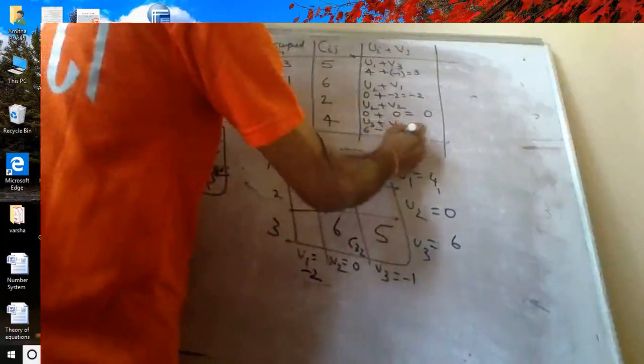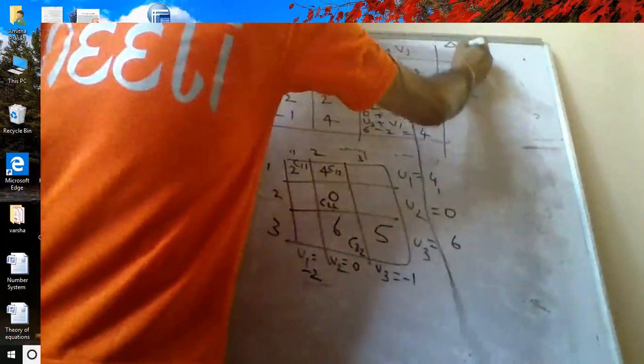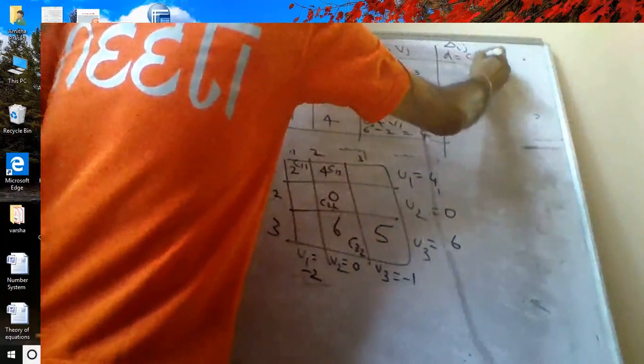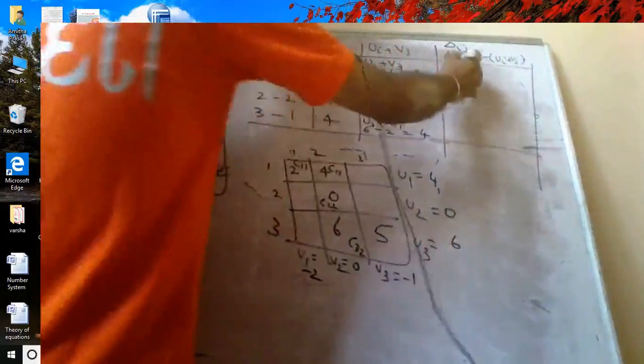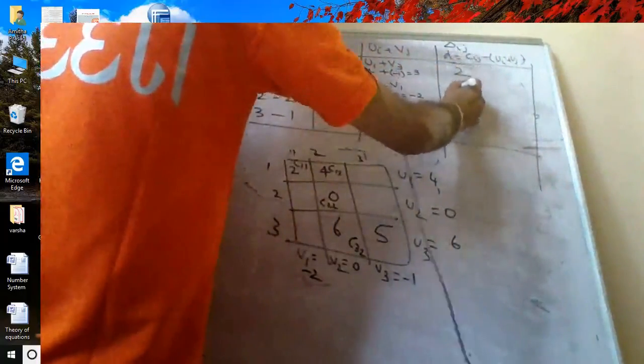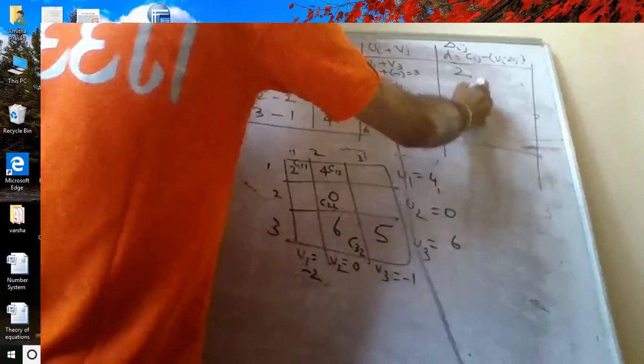U3 is 6, V1 is minus 2, so 4. Next delta ij, or D, is Cij minus Ui plus Vj. Subtract: 5 minus 3, 2. 6 minus of minus 2, 10. 2 minus 0, 2. 4 minus 4, 0.